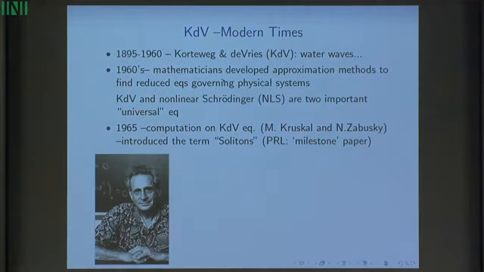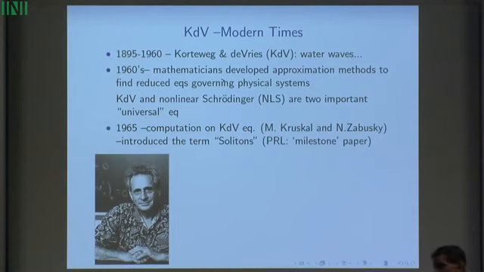Between 1895 and 1960, Korteweg-de Vries was mainly a water wave equation. But in the early 60s, mathematicians and physicists developed methods to derive equations in a clear way. And they were able to derive the Korteweg-de Vries, and later I'll talk about the nonlinear Schrödinger equation, as two important universal equations.